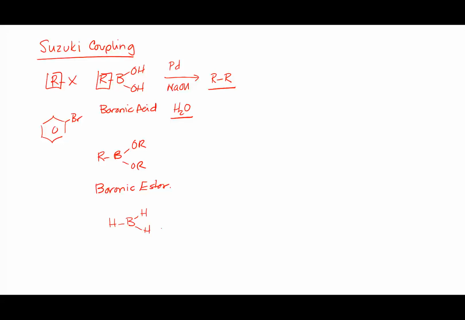Remember our BH3 from hydroboration oxidation? We would add the hydrogen to one side of the double bond and the boron to the other side of the double bond. Well, now I'm going to do basically the same thing, only I'm not going to use BH3. I'm going to use an H attached to a boron with two OR groups on it. So this is going to be my reagent.